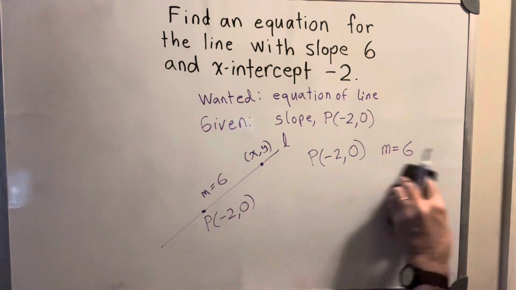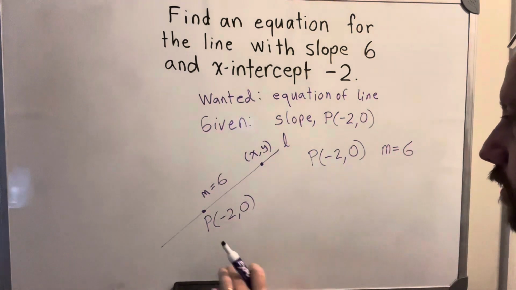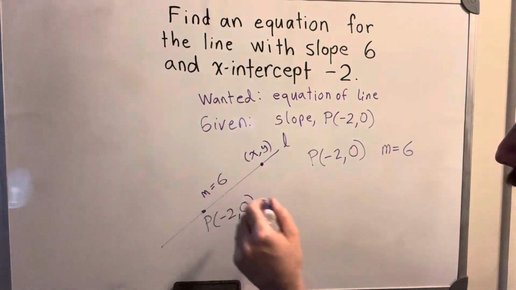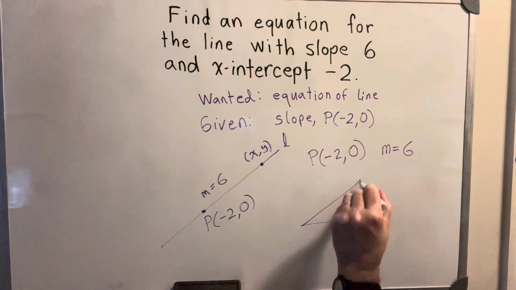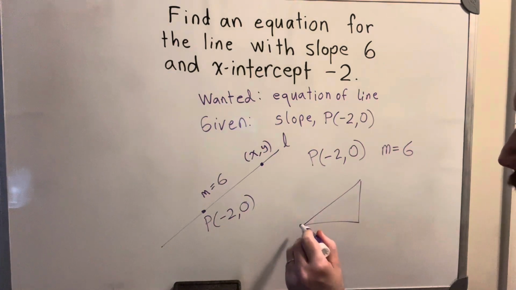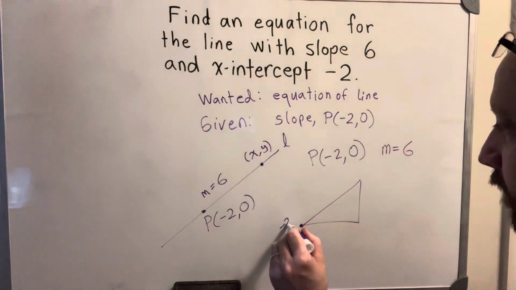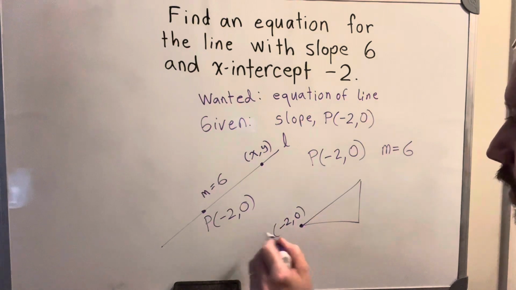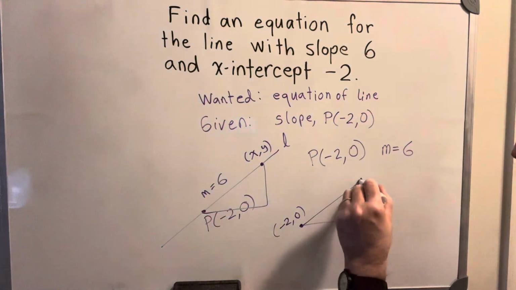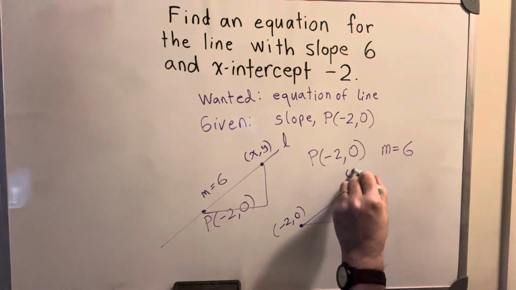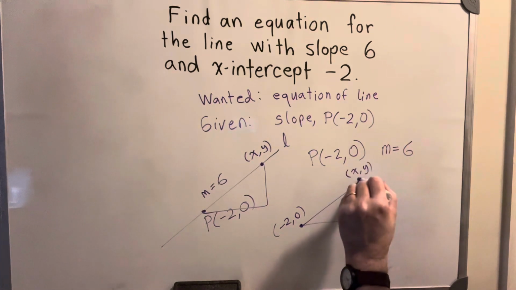Okay. How do we do this? Well, we're saying that we know the slope. Let's say that this point right here that we know is at -2, 0. And this is the point that we're interested in.